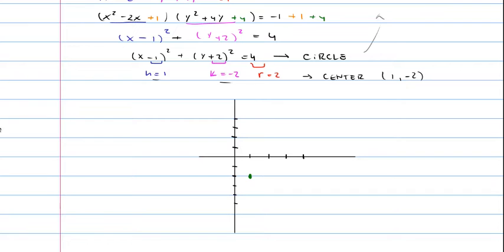And now the circle has a radius of 2, so it will pass through this point, because this would be the radius. Also, if here is negative 1, then this would be the radius, and so we can form this circle. And this is the circle we were given with the first expression.